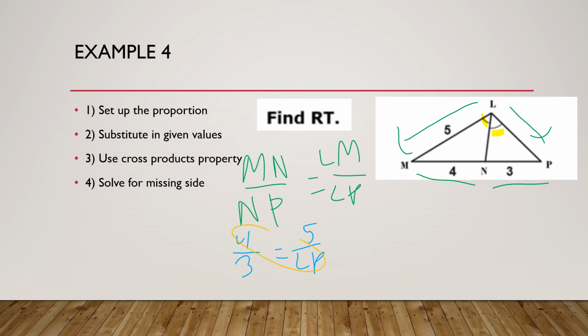Use our cross products. So we have 4 times LP is equal to 3 times 5, which is 15. Solve for LP, divide both sides by 4, and we get LP is equal to 15/4, or we could change it into its decimal, 3.75.